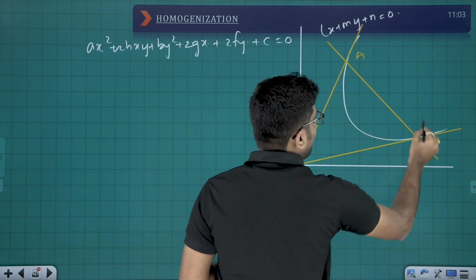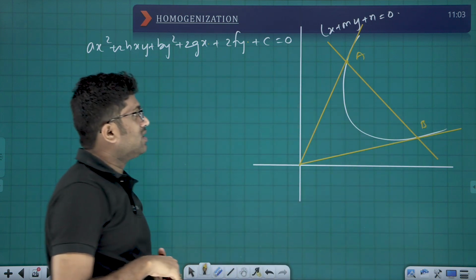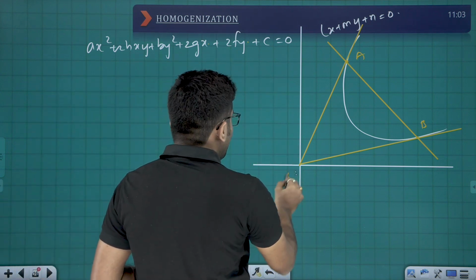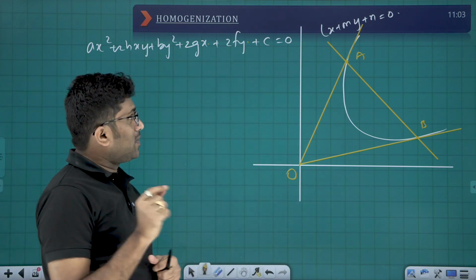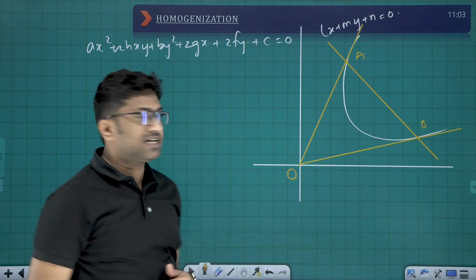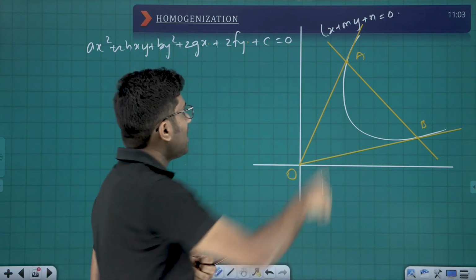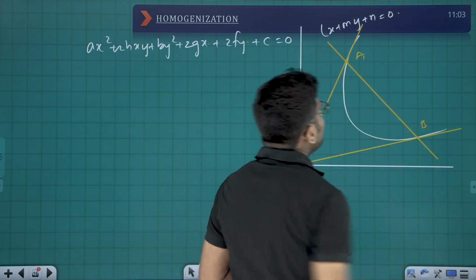If A and B are the two points of intersection of the line and curve, then when you homogenize the given curve with respect to the line, you will get a pair of straight lines passing through the origin and intersecting the given curve at A and B.